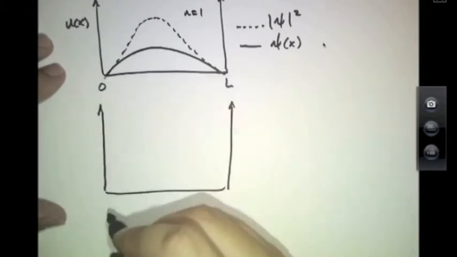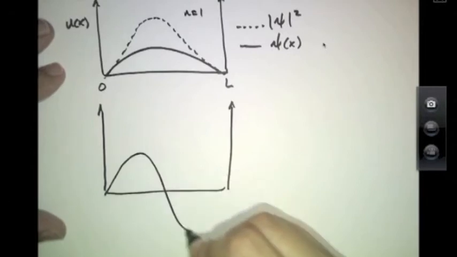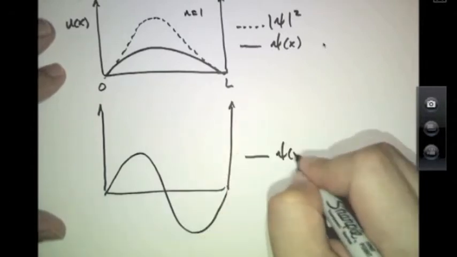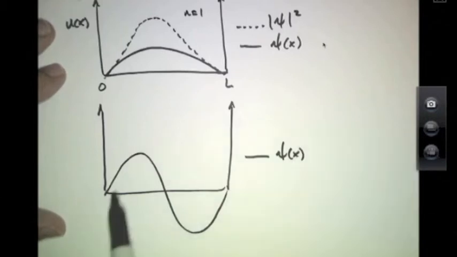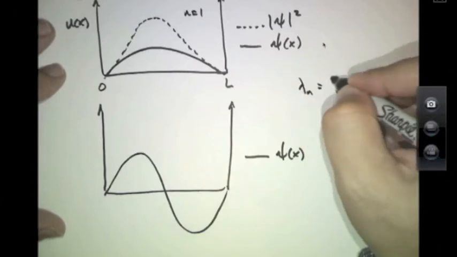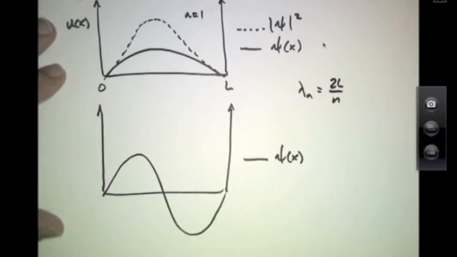I could do the same for n equals 2. This would be psi of x, whereas n equals 2 has a wavelength that actually equals L. We get the same wavelengths as we do in classical physics for waves on a string clamped at both ends.